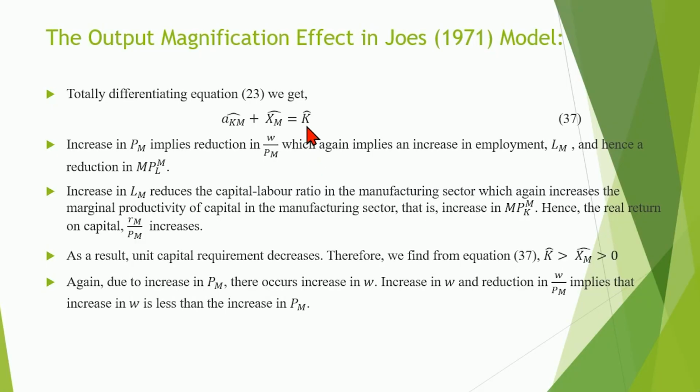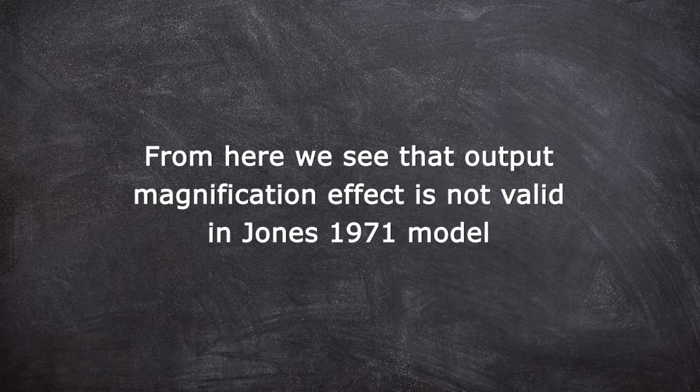Here we have considered k hat greater than 0, but for that we find that xm hat is less than k hat. So from here we see that the output magnification effect is not valid in the Jones 1971 model.